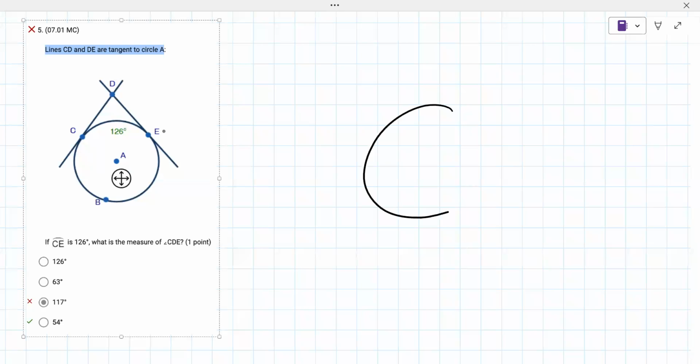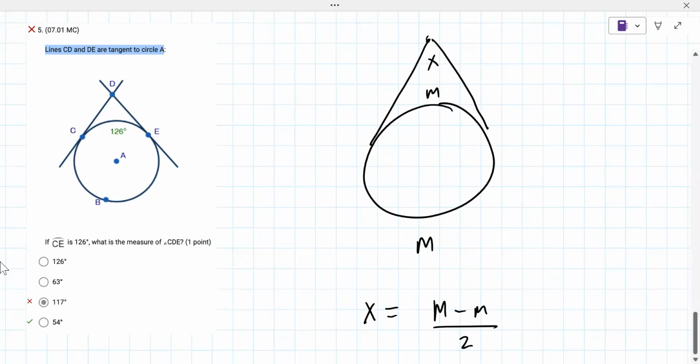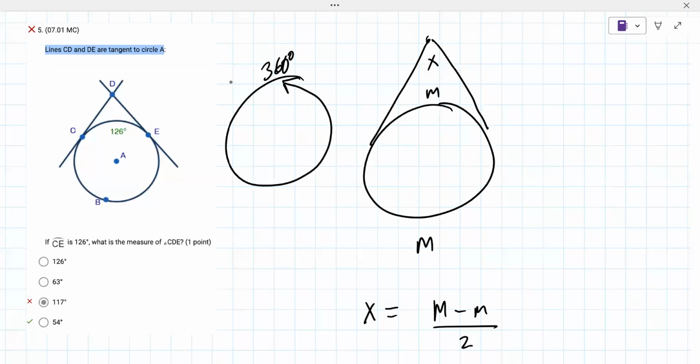Okay, so really similar to the previous one. When you have a tangent, it's still x, little m, and big M, and x is big M minus little m, divided by 2. Since they're giving you little m as 126, big M is the other arc. Going all the way around the circle is 360 degrees, so 360 minus 126 gives you 234 degrees.